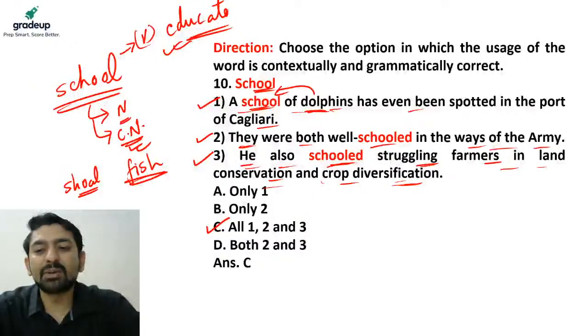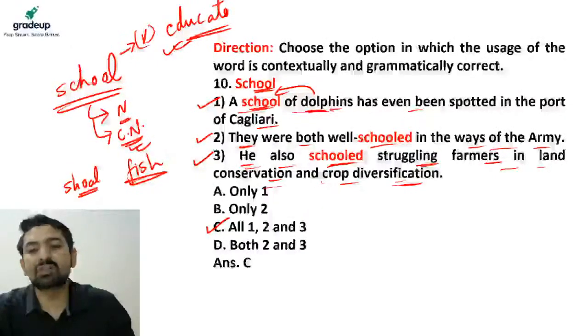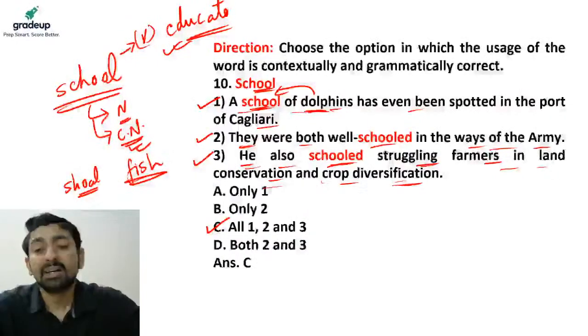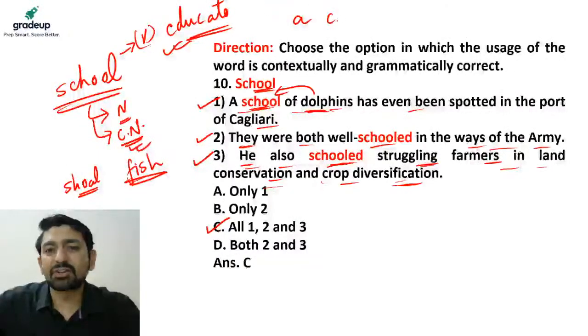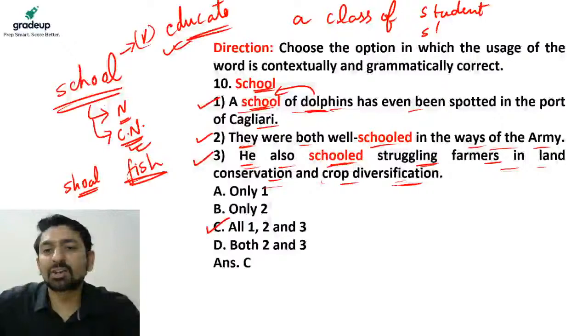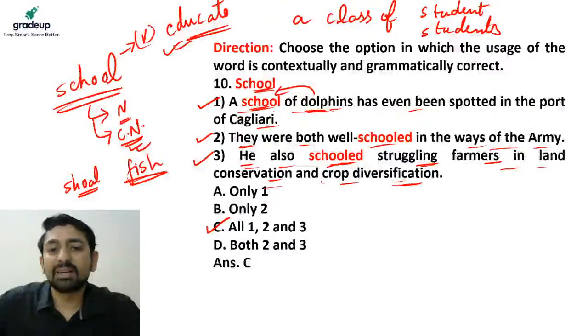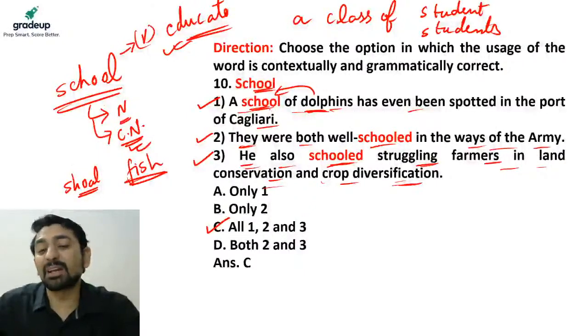Okay, Himanshi is saying, why do we use dolphins? Because dolphin itself is the whole class. You tell me, according to your logic, should it be a class of student or a class of students? Let me explain the question of that particular candidate.